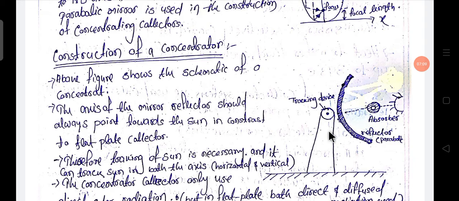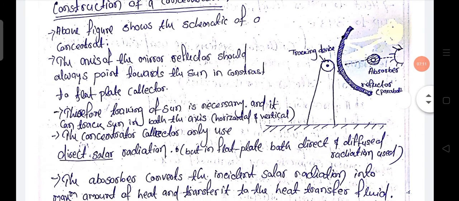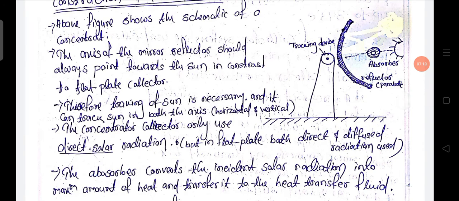Okay, and this tracking can be done by the device in both axes, in the horizontal way or in the vertical way. That means the tracking device moves the parabolic concentrator in both axes, horizontally and vertically.